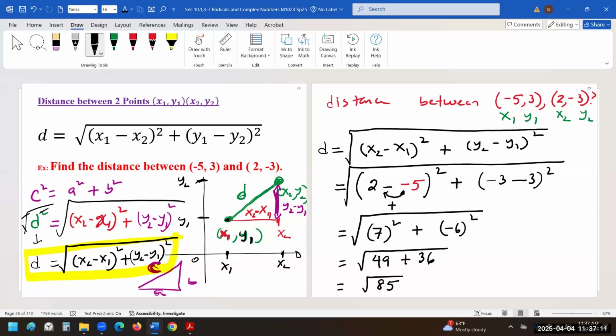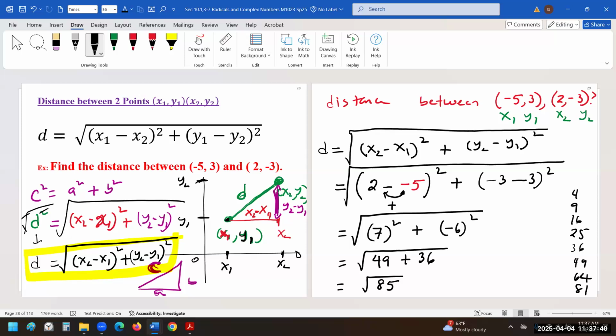Can we split 85 into two pieces? Like, can you divide 85 by any perfect square number? 2 square is 4, 3 square is 9, 4 square is 16, 5 square 25, 6 square 36, 7 square 49, 8 square 64, 9 square 81.